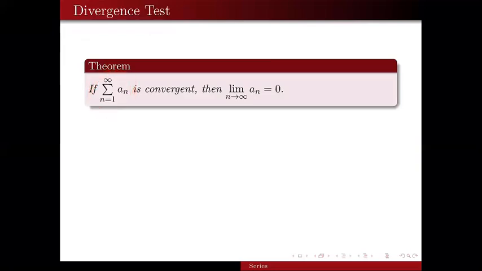If we have a series sum of AN which is convergent, then the limit of the terms here must go to 0. So you have a sum of AN and you found the sum to be convergent. Then the terms that you were adding must go to 0.